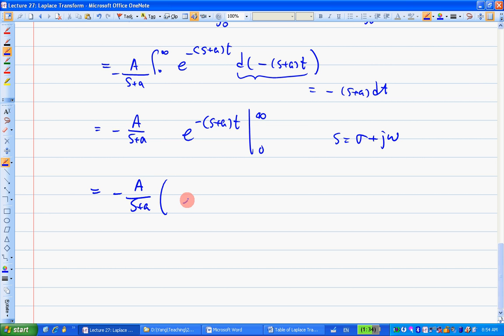So this is e to the power of negative (s plus a), which is sigma plus j omega plus a. A is a real number and sigma is a real number, so I can combine a and sigma together, multiplied by t, then minus j omega t.